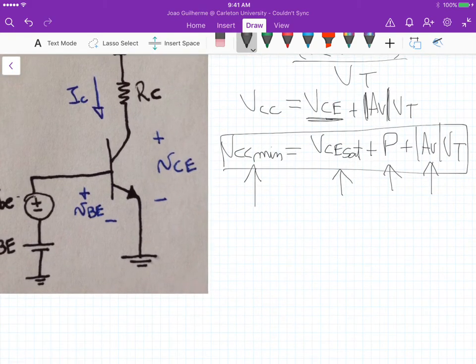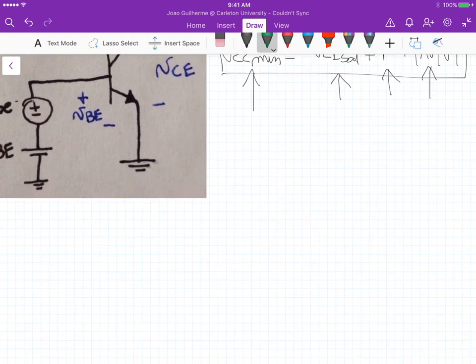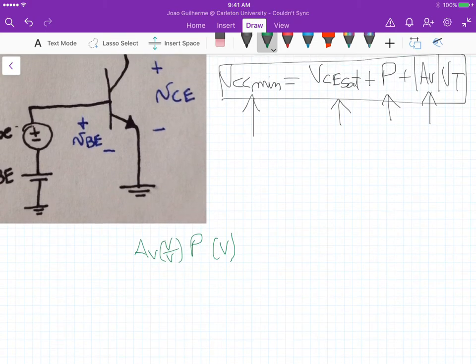In the second part of this exercise, we have several values of AV, the voltage gain, and the maximum amplitude that we want to represent at the output. The gain is volts per volt, and the peak amplitude is just volts, right? To calculate the VCC that we need, we calculate AV times VT and then VCC minimum.